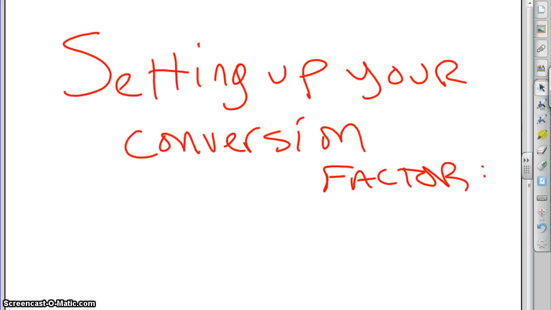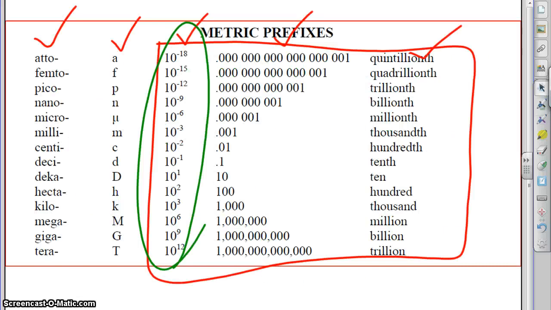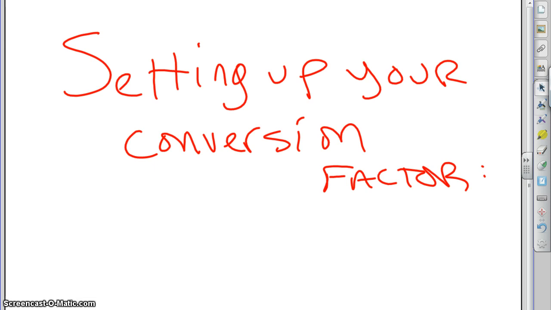But how are we going to do that? Well, how do you set up your conversion factor for metric? This can be very confusing for some people, so let's make sure that we get that straight. If we go back to our chart, milli is what we're looking at. Milli is 10 to the negative third. This is where some people get a little confused.